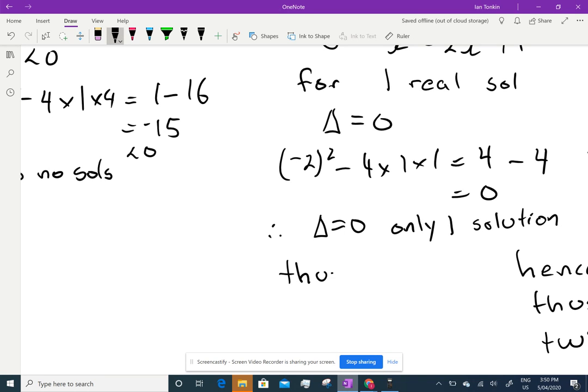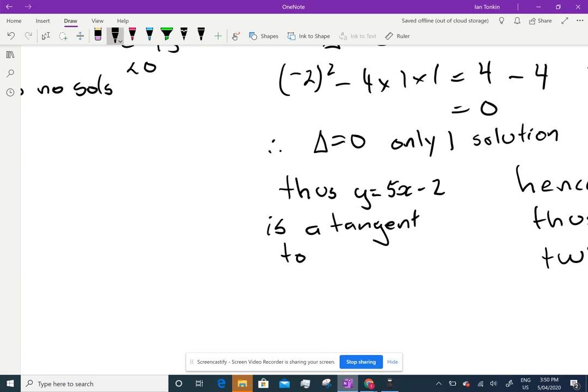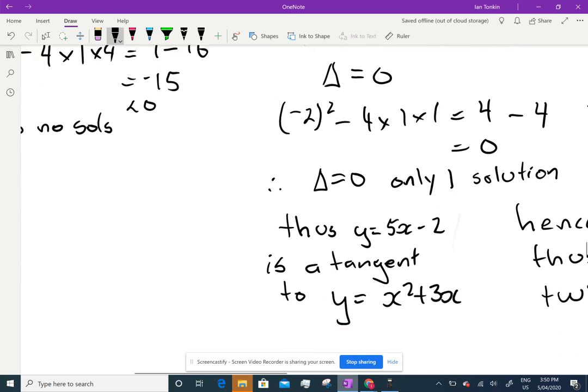Thus, y equals 5x minus 2 is a tangent to y equals x squared plus 3x minus 1.